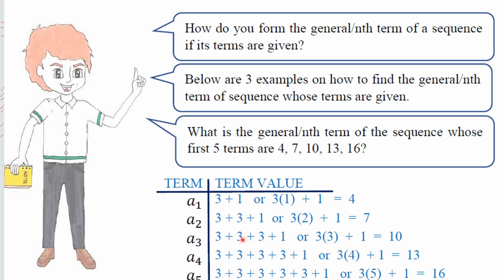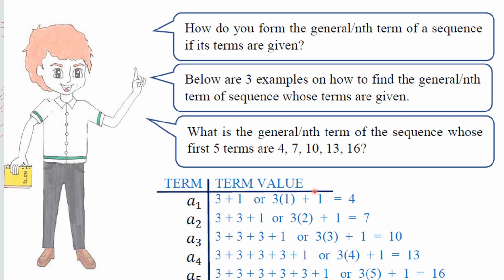Okay? And pag kinontinue natin yung prosesong yan, makikita natin na mayroong pattern na lumalabas, no? Nagdadagdag tayo ng 3, correct? Or we can rewrite this as this one. Parehas lang din naman ang ibig sabihin.